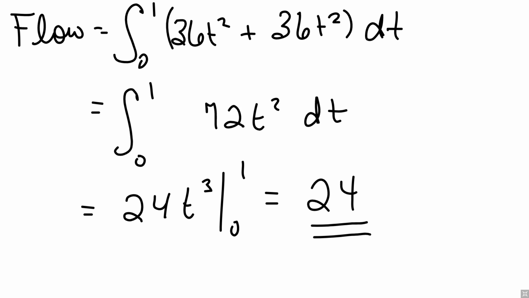Flow is on an open path, whereas circulation is on a closed path. They're done the same way, but it becomes circulation when it's a closed path. I see. All right. Thank you.